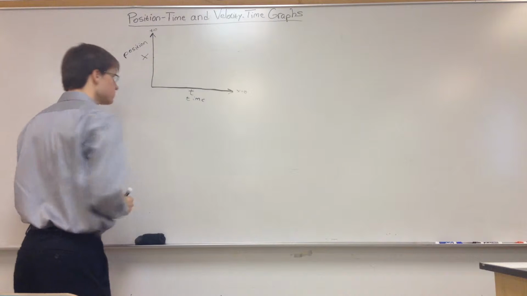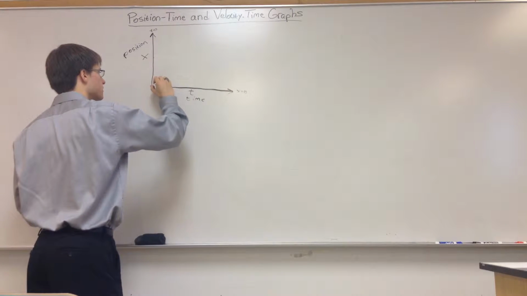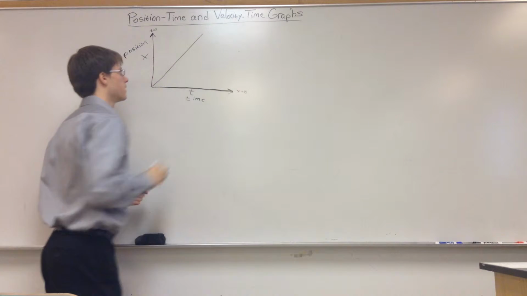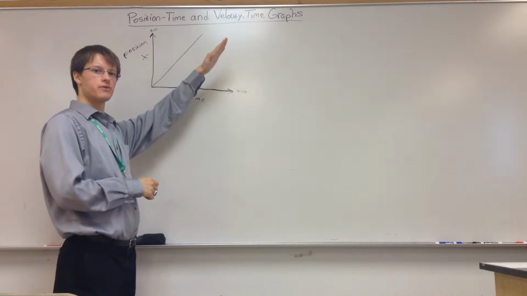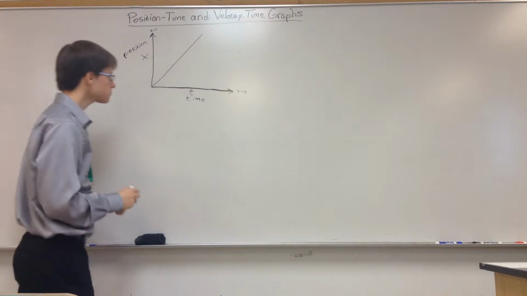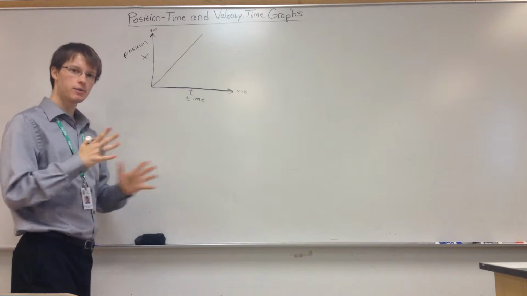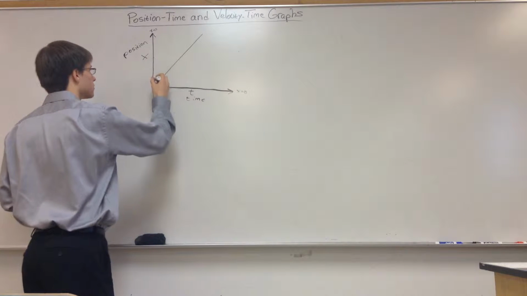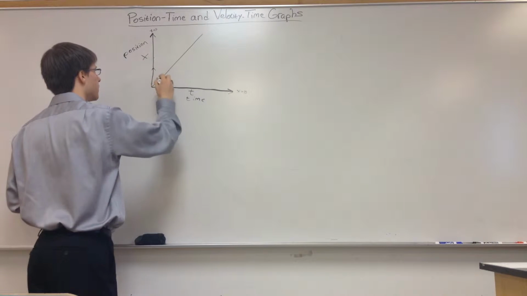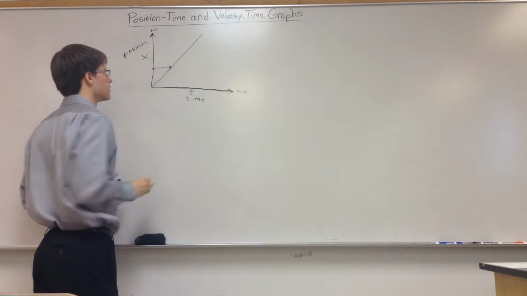So we could have a graph that looks like this, a straight line with a positive slope. To remind you what that means, slope is rise over run, right? The rise is positive, the run is positive.